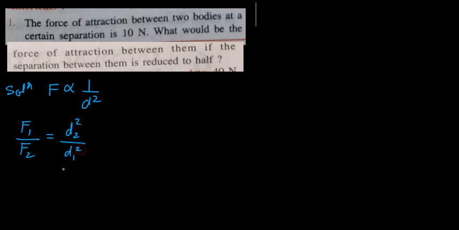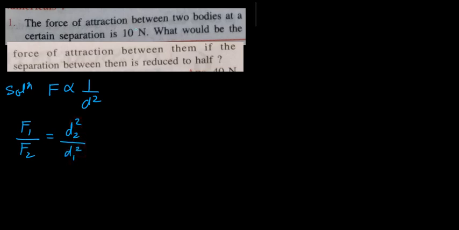This particular question is based on force of gravity, which is inversely proportional to the square of the distance. So the formula can be written as F1 upon F2 is equal to d2 squared upon d1 squared.